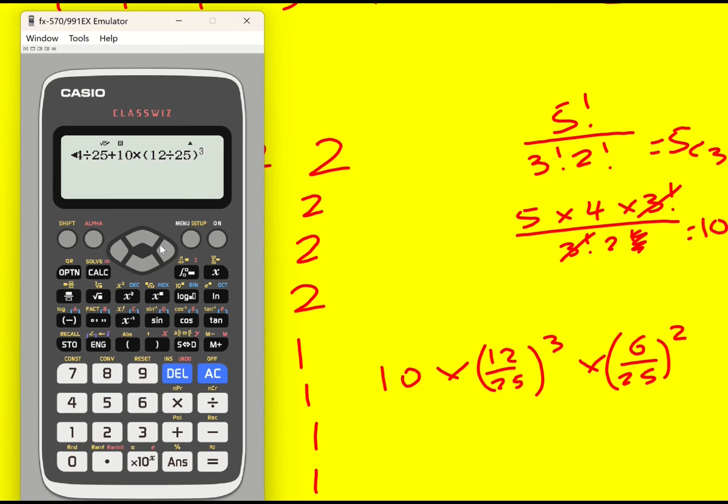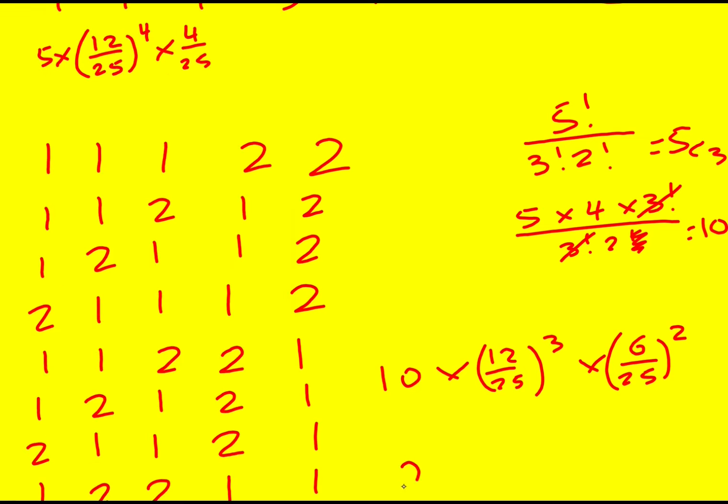Okay, it's pretty epic. Nearly there. Right, we get 0.10616, and extra bits, and then I'll round that to 0.106.